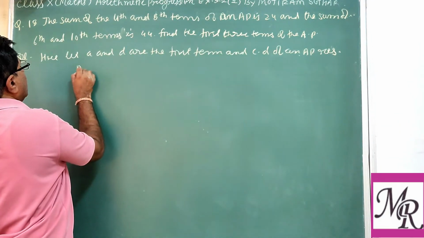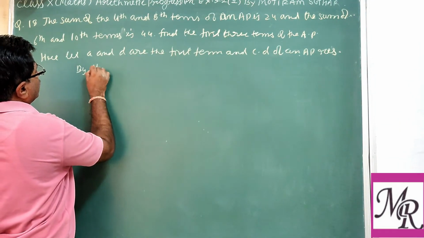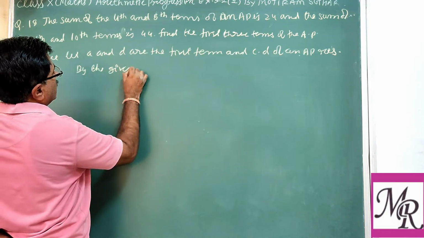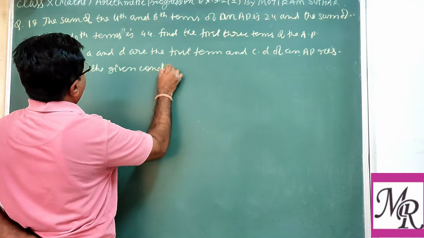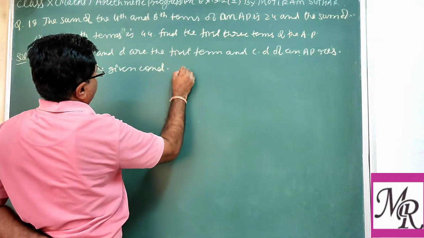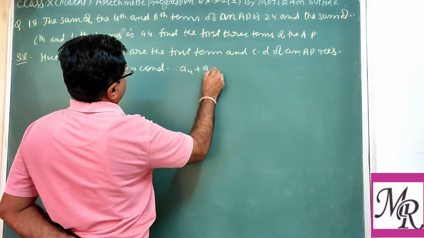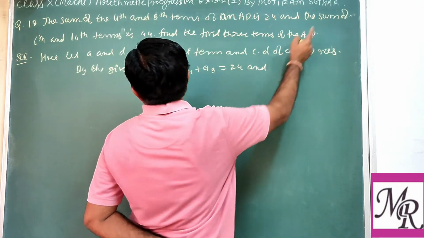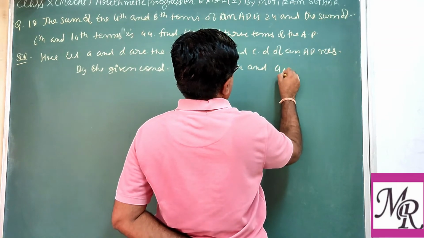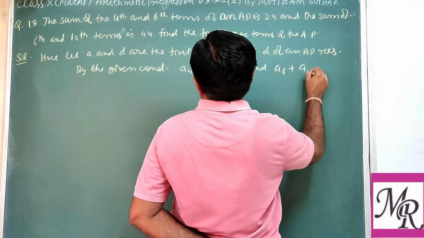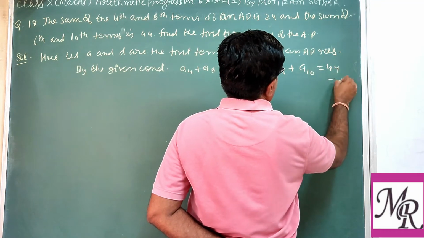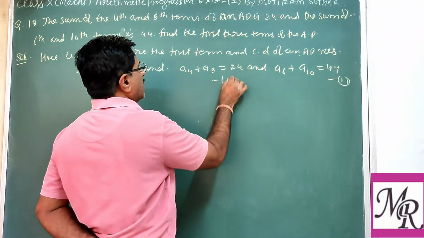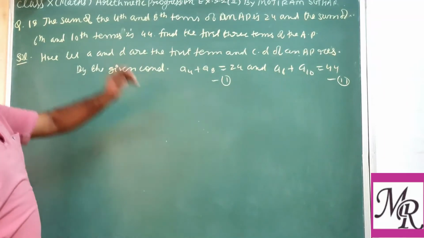By the given conditions, a4 plus a8 is 24 and a6 plus a10 is 44. These two conditions are given. We are using the general formula.